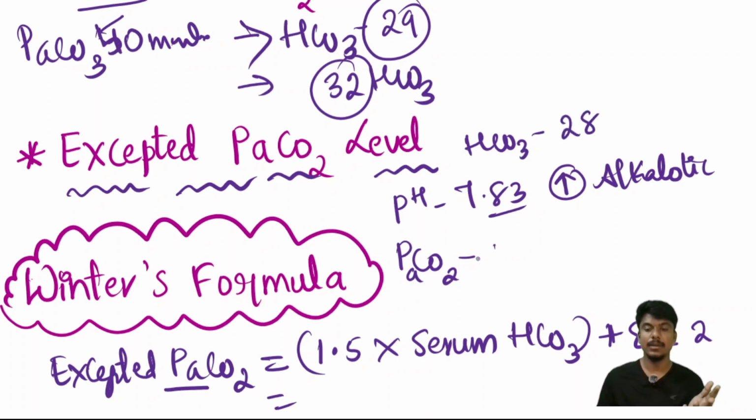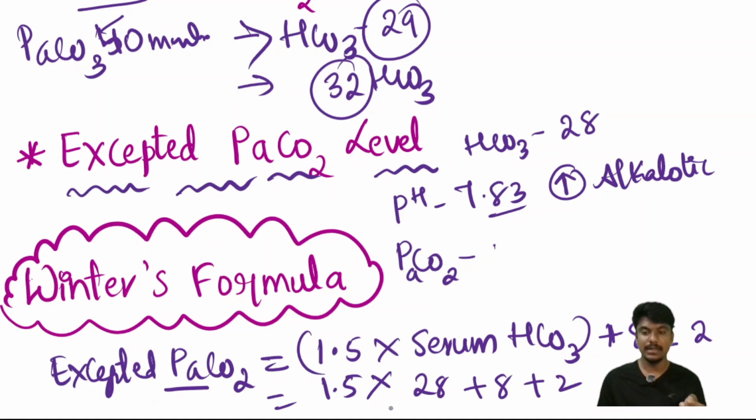Now we'll see, 1.5 into serum bicarbonate, they gave 28, and if you add plus 8 and plus or minus 2, if you calculate, we get the value of 52.